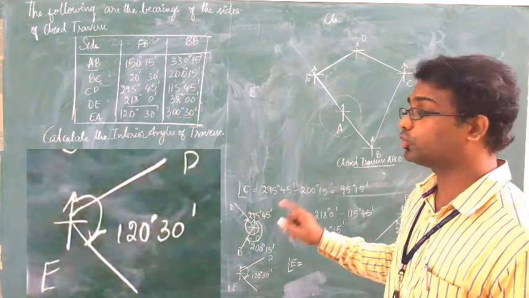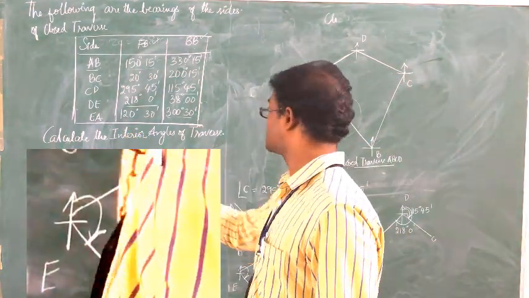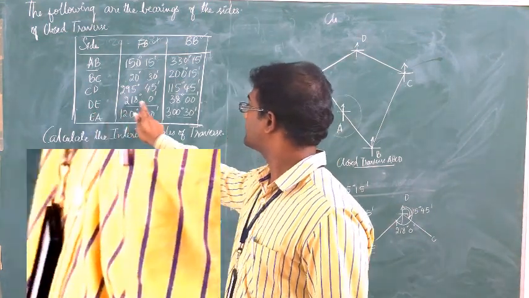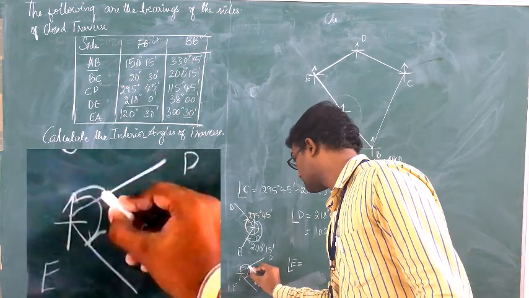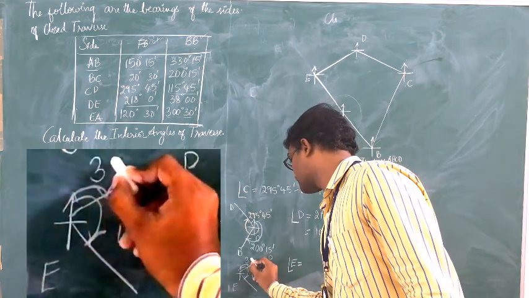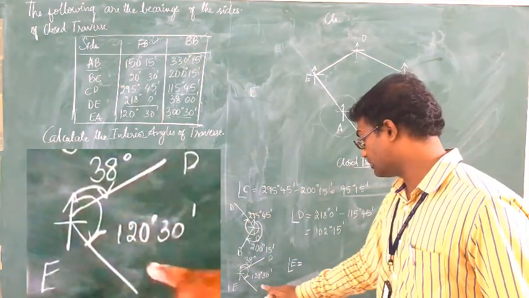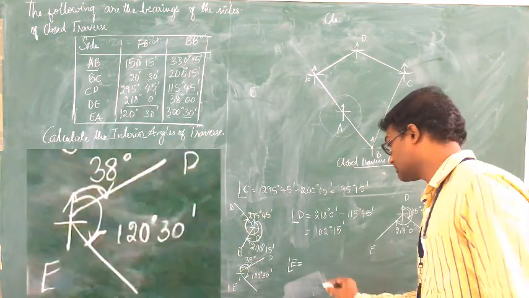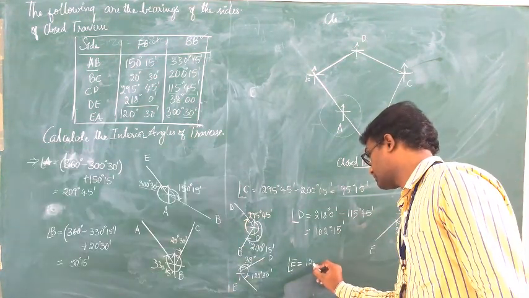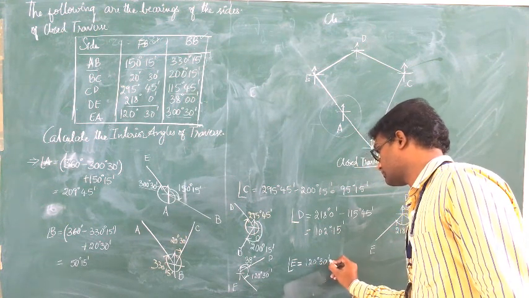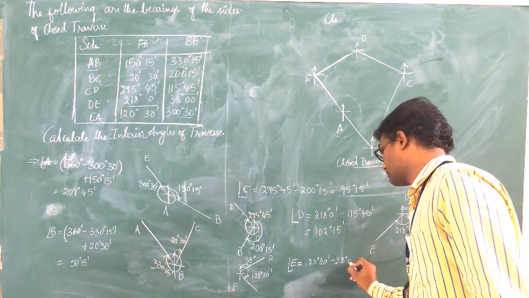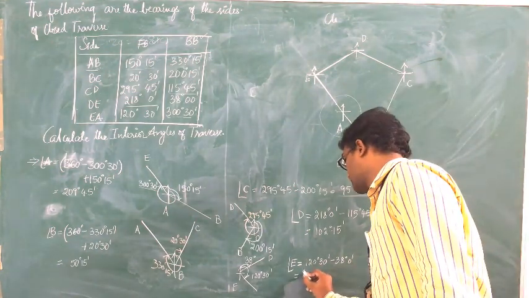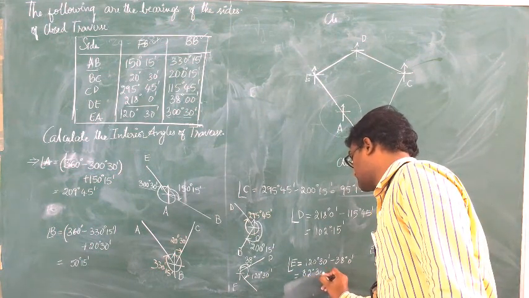And from E to D is 38 degrees. So from 120 degrees 30 minutes, if I remove 38 degrees, then I get angle E. This answer is given by 82 degrees 30 minutes.